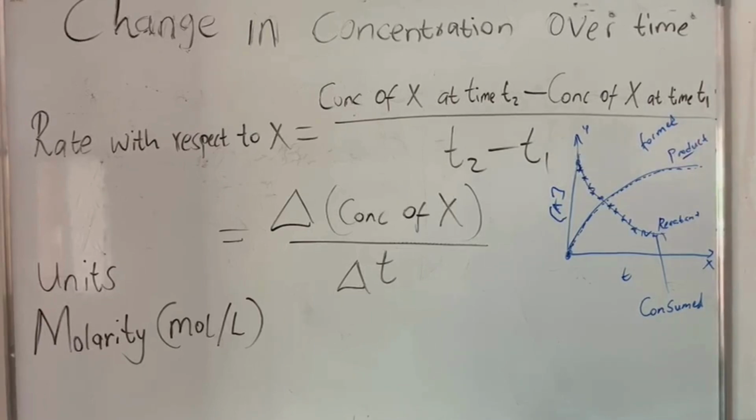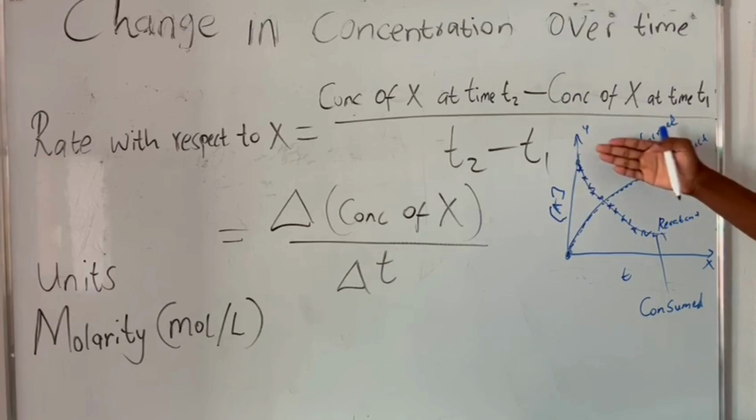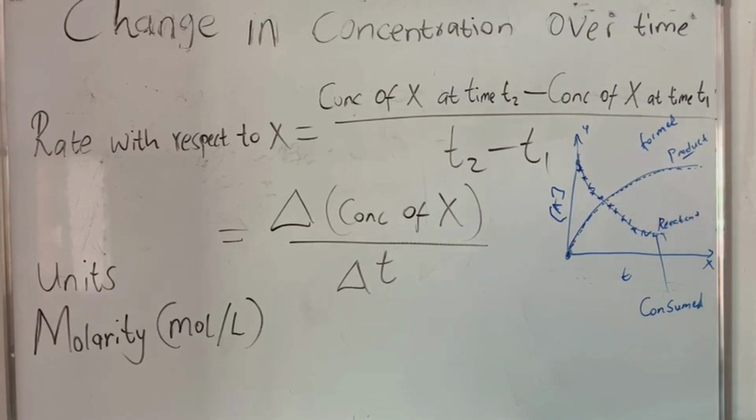So in other words, we normally talk about the consumption and the formation as far as the product and the reactant are concerned. When you see it curving down like this, I want you to think about something that is going down, something that is decreasing, something that is associated with negative or losing of some sort. I want you to think of it in that manner.